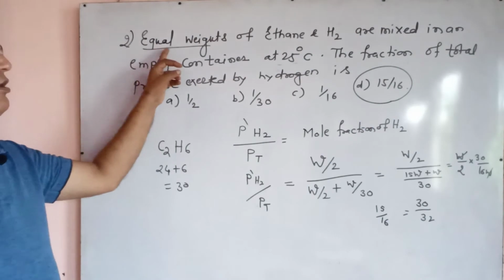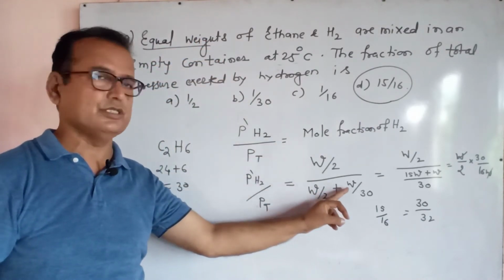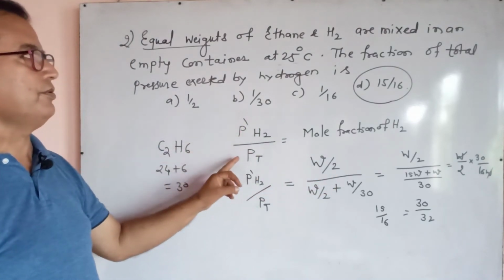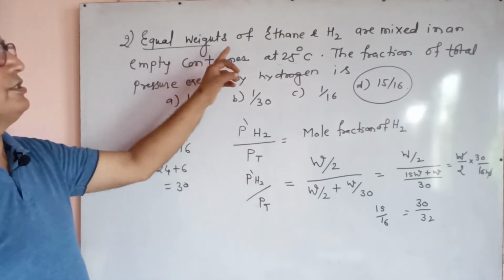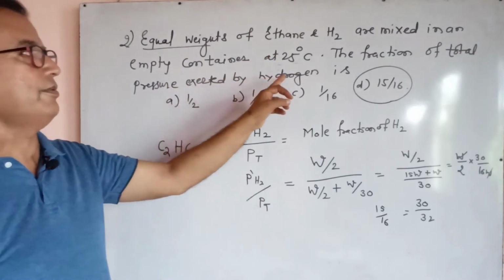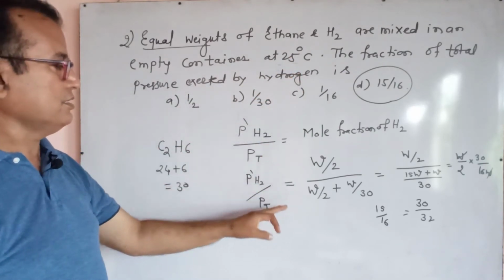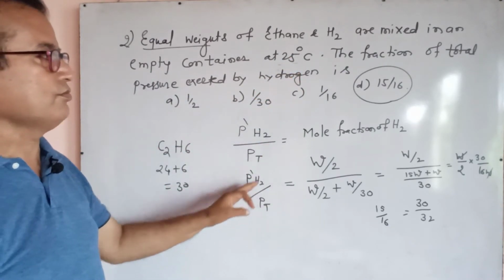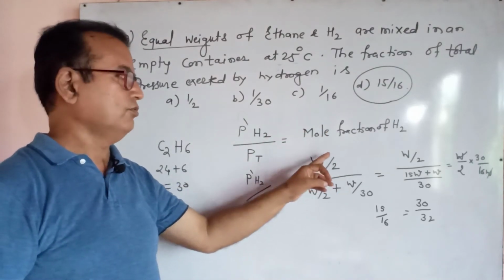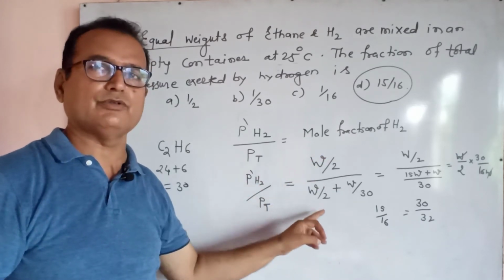Once again, equal weights: W is the weight of hydrogen and W is the weight of ethane. Our formula is the partial pressure of hydrogen upon the total pressure. The fraction of total pressure exerted by hydrogen is equivalent to the mole fraction of hydrogen. Mole fraction means the number of moles of hydrogen divided by the total number of moles of hydrogen and ethane.